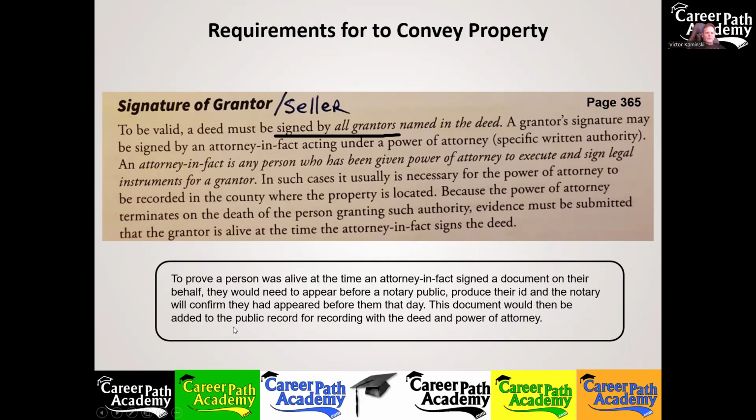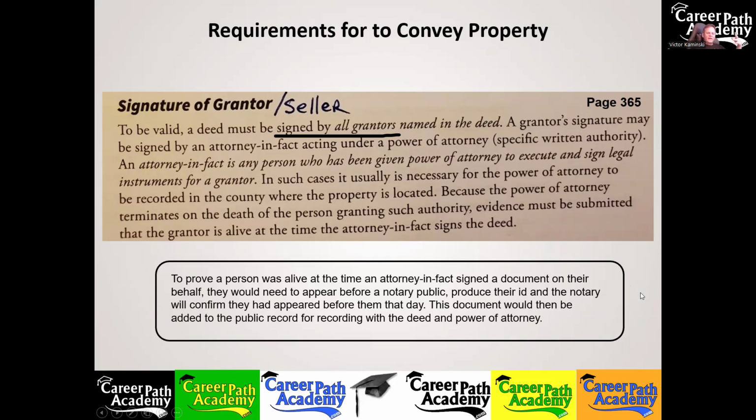This document would then be added to the public records for recording with the deed and the power of attorney, showing that after the day that they signed something, that owner was still alive. Right? I mean, if the attorney in fact signed a document one day and some day after that, the person who they were signing on behalf of was still alive, that proves that they were still alive.